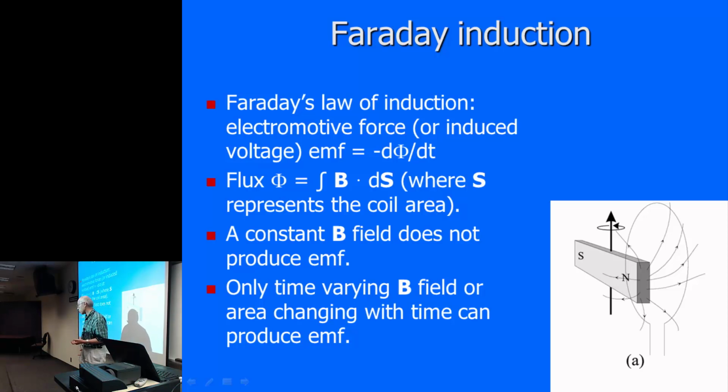So you have some options. If my B field is changing as a function of time, then of course I'm going to have EMF. Another possibility is you have the magnetic bar here, you fix the magnetic bar, but you change this loop, you try to make it smaller, wider, bigger. If you jiggle this loop, you can also have an induced voltage.